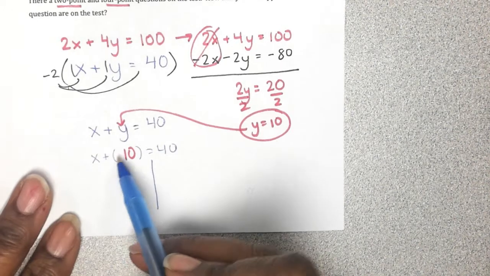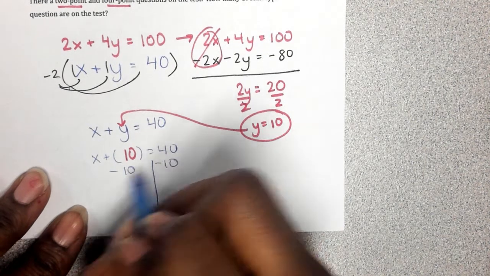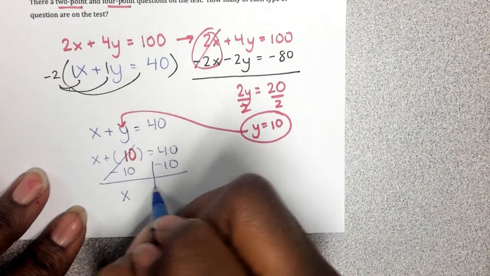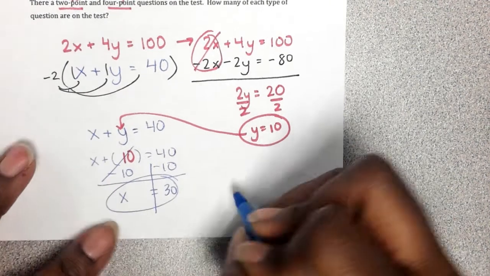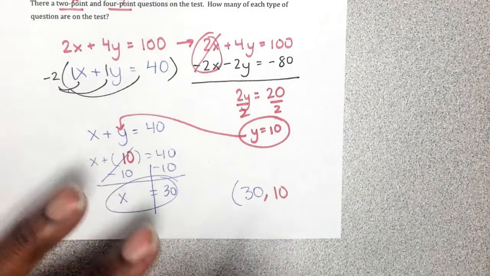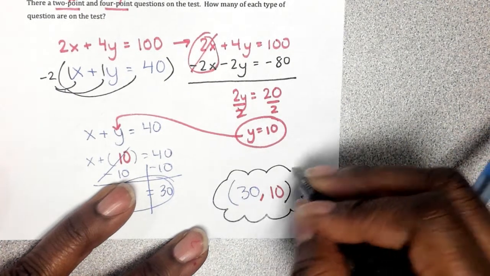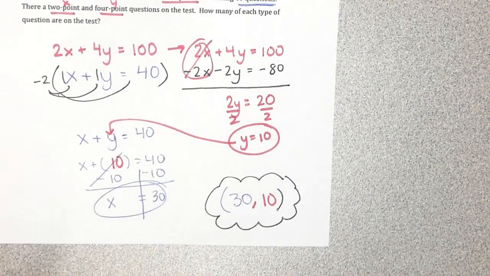Once again, you don't have to multiply anything because there's not a number here. So we can just subtract the 10. X equals 30 is the solution.